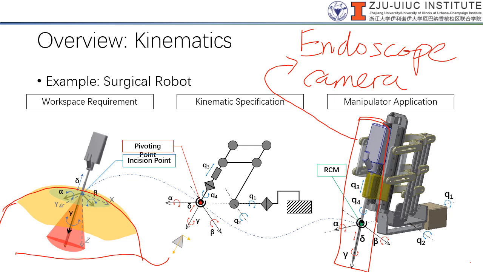You don't have to cut open the tummy of the patient, you just need to insert this camera through a hole, and you can image what is inside. Because this camera is constrained to a point, you need to understand the workspace requirement, analyzing it in a systematic way. That is a kinematic analysis of the task, and that will help you to do your design specification.